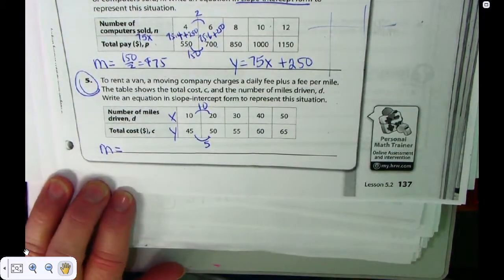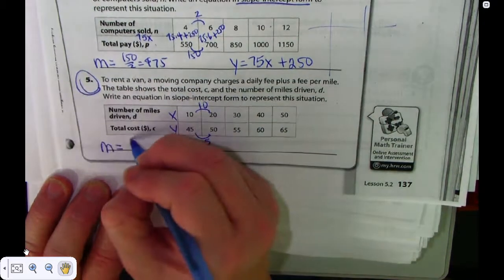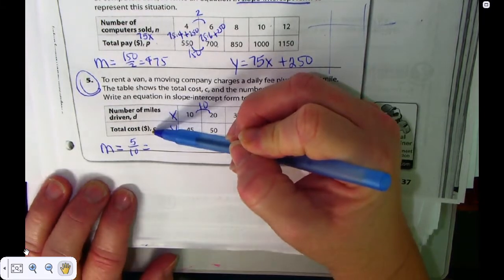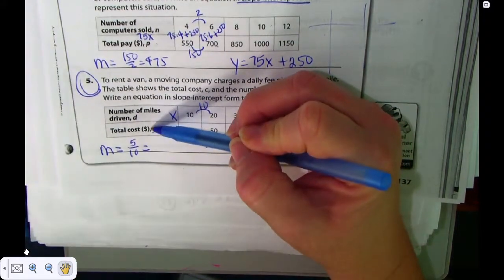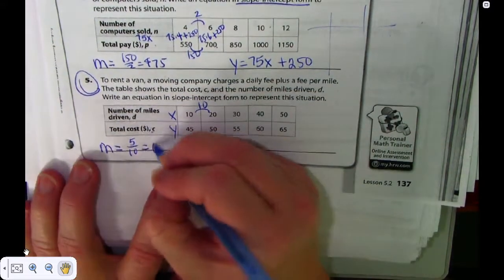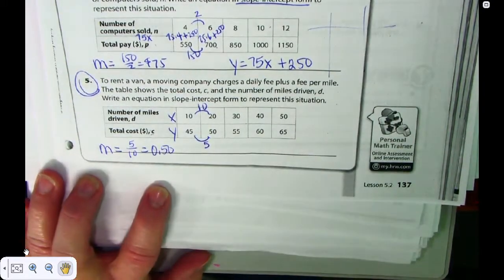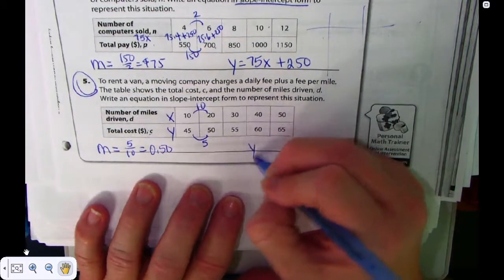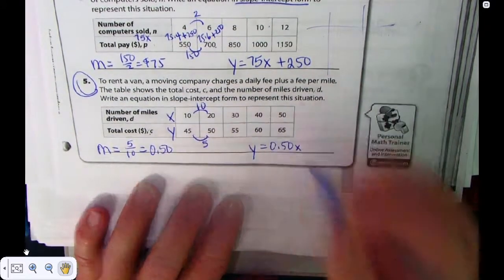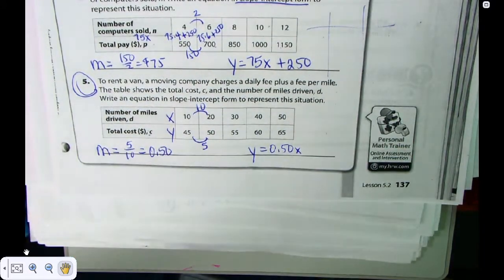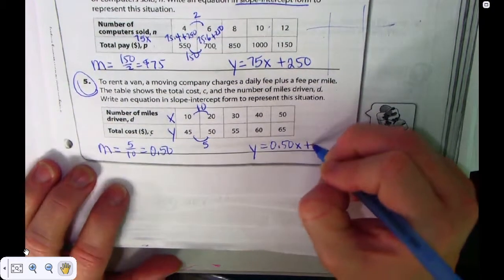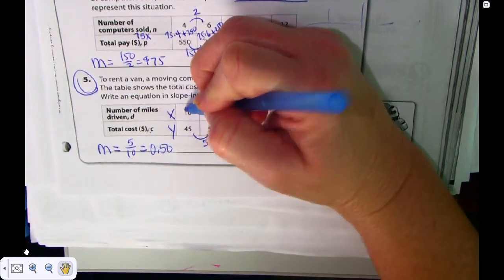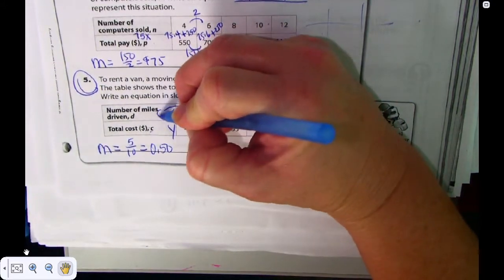So the slope is 5 over 10. Now, we're talking about cost. That's the cost per mile. So let's change that to 0.50 since it's the cost per mile. So y equals 0.50x plus, now look, guys, on this one it's easy to count back to 0 because you go back 10, you're at 0.